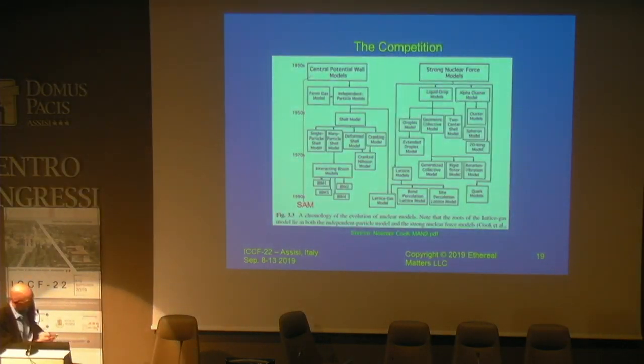The competition, so to put all these models from the past century together, we plotted SAM there, basically going way back to the central potential well model, meaning there's a central attraction force that creates the sphere of the whole nucleus, if you will. So that's where we put ourselves.